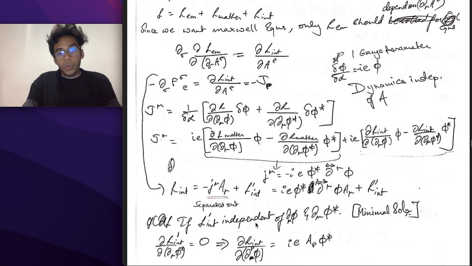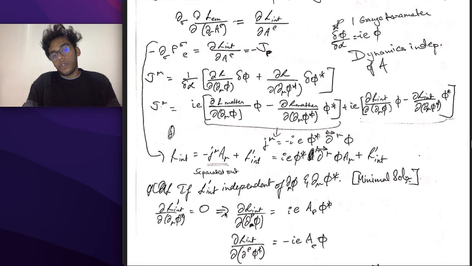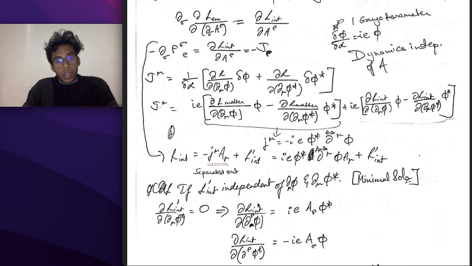Now, for a minimum solution, L dash is independent of ∂_μ φ and ∂_μ φ star, so its variation is 0. Therefore, the derivative of the interaction Lagrangian with respect to ∂_ρ A is not dependent on L dash, so it is only the derivative of J^μ A_μ, which is what you get here.